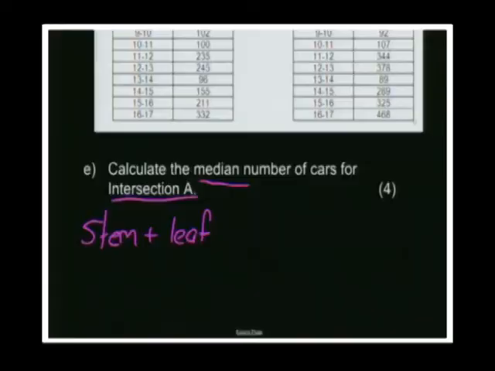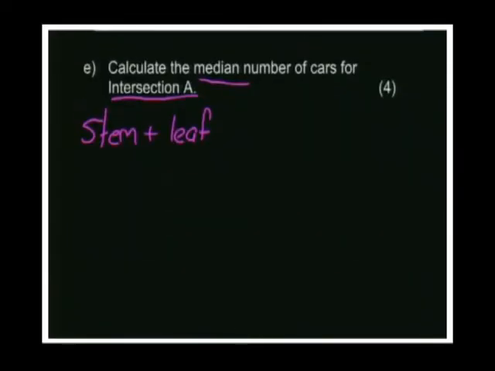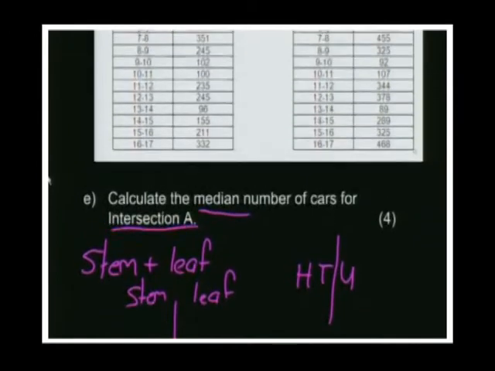For my stem and leaf, what I do is I create a solution where I've got a stem and the leaf. My leaf is normally one number, and my stem is the other number. So in this case, we're dealing with hundreds, with tens, and with units. So I'm going to put my hundreds and my tens into the one part of the stem, and my leaf are just going to be my units.